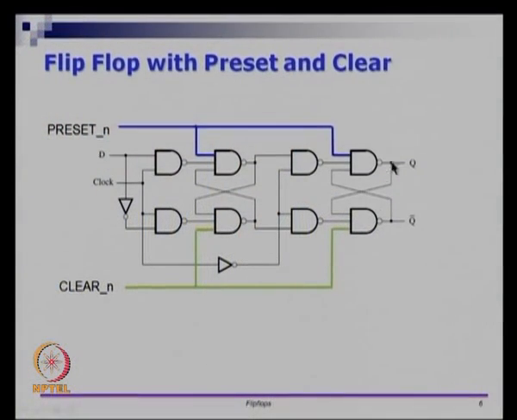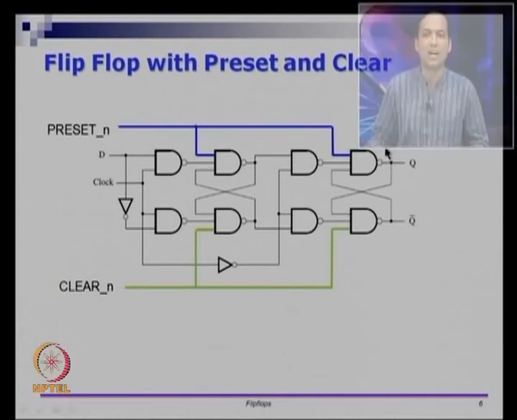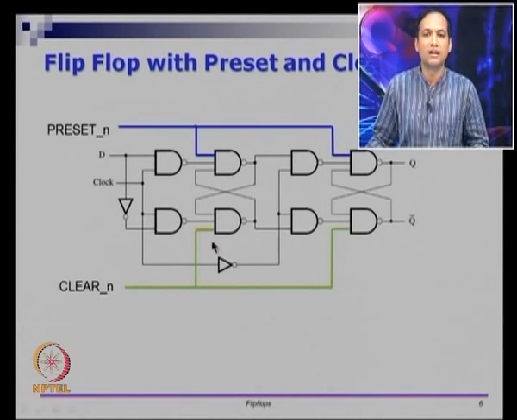If you notice, this part is the slave latch and this part is the master latch, right. So, forget the blue lines and the green lines now. This is a cross coupled SR latch, and you put two gates before that and a common signal that is driving both, right.